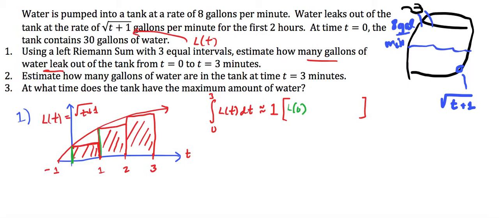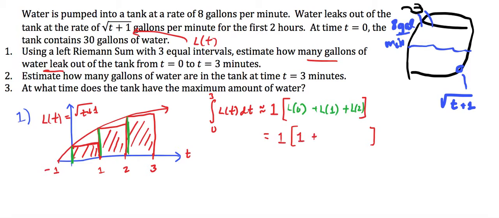This line right here is the height of the second rectangle, so that's L of 1. And this third line segment is the height of the third rectangle, so that's L of 2. Let's put this all together and compute the values. L of 0 is going to be the square root of 1, so that's just 1.